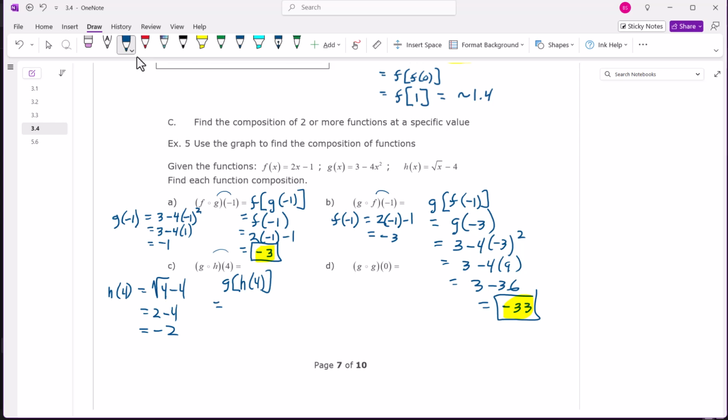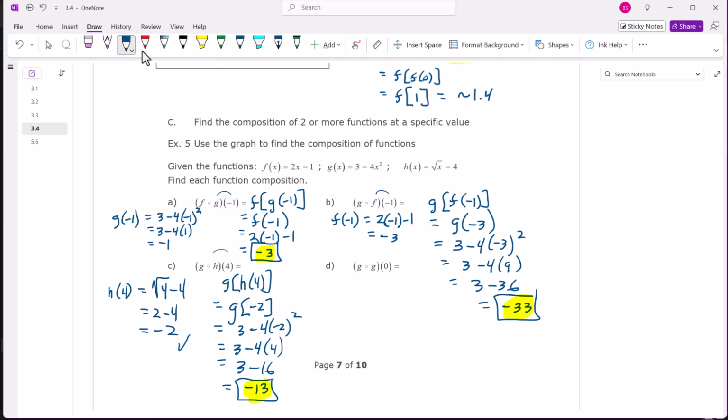And then h of 4 was negative 2. So we have g of negative 2. Now plug this into g to work this out. So 3 minus 4 times negative 2 to the second is going to be 3 minus 4 times 4. So that's 3 minus 16. So that's negative 13.